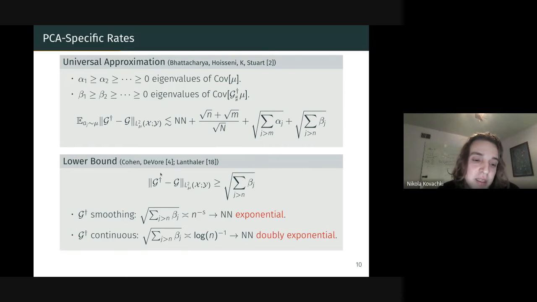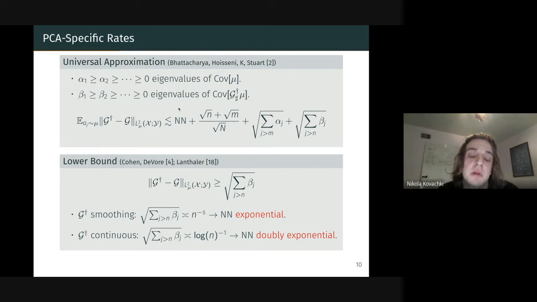If G dagger, for example, is smoothing, then one can show that this sum can be asymptotically like n to the minus s, where s is whatever the smoothing parameter is. If you plug this into what one gets from this neural network term that I've hidden, then you will get that this rate is exponentially slow in n.